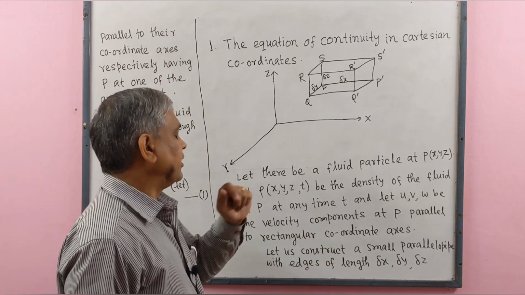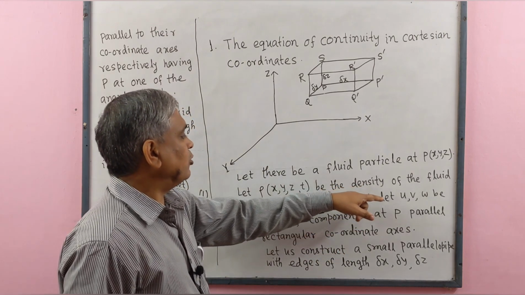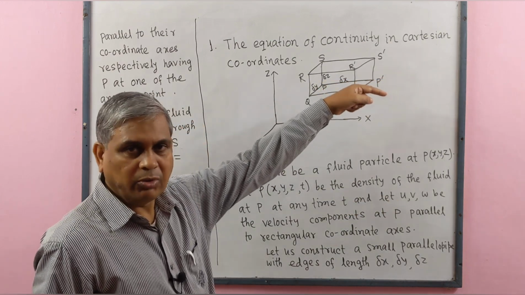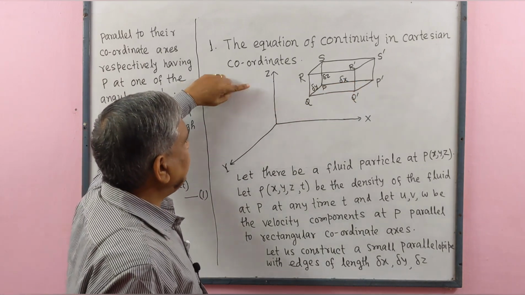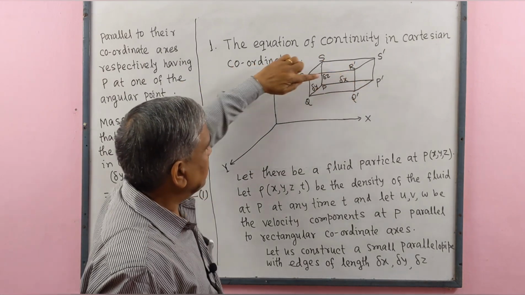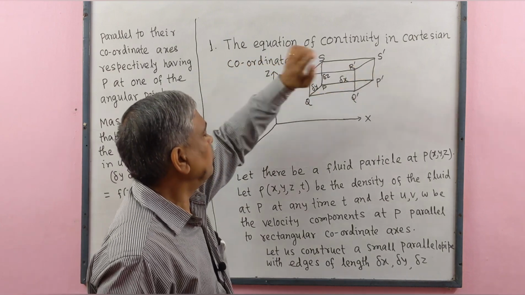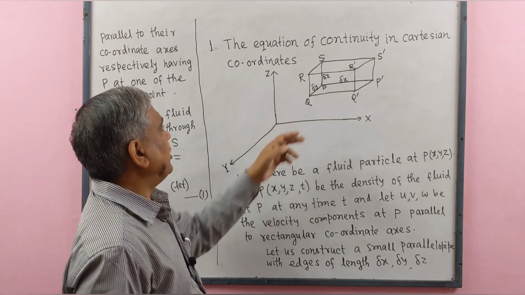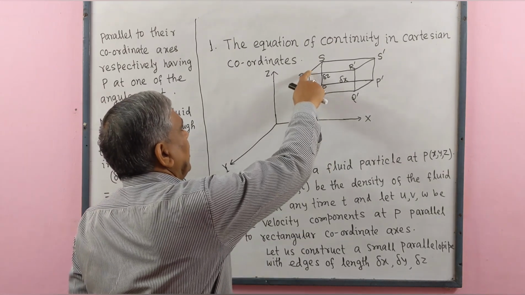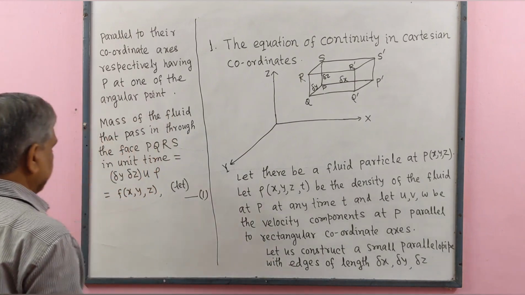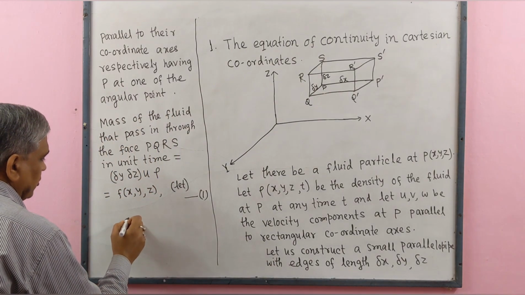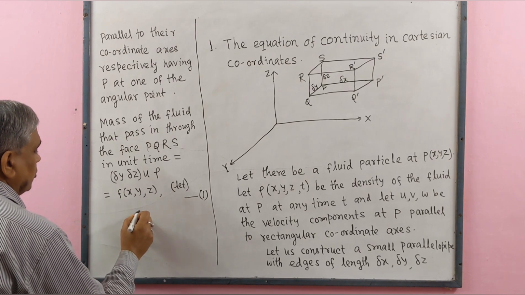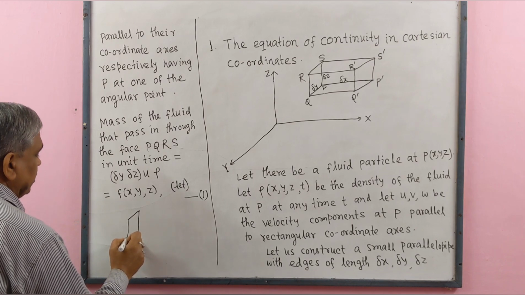Since the velocity of the fluid along the x-axis is u, in this direction the velocity of the fluid will be u, which will pass through the face PQRS.